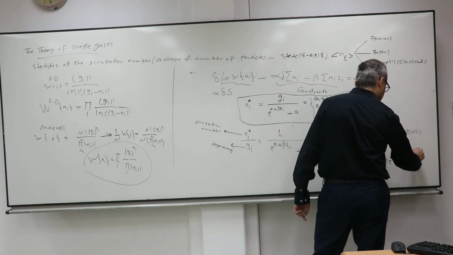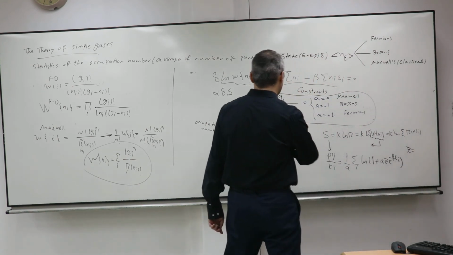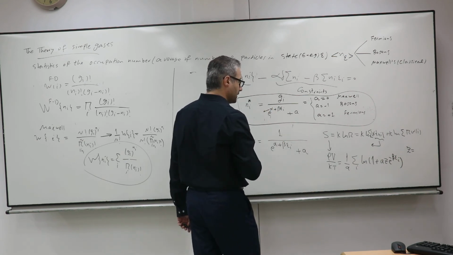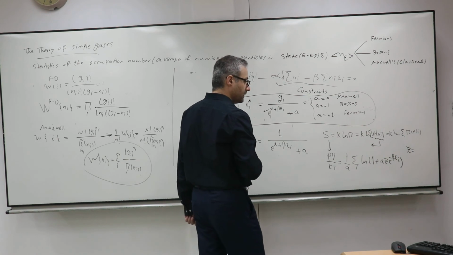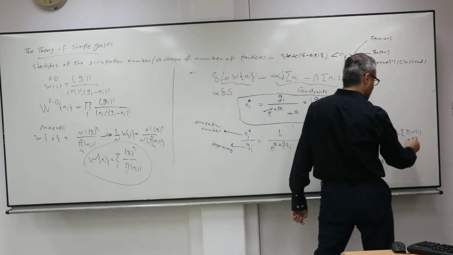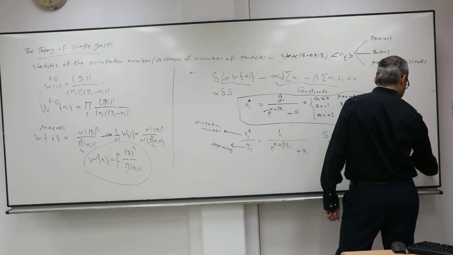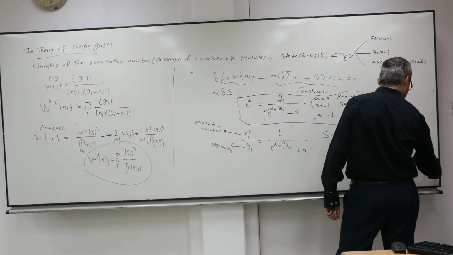Of course this alpha that appears here, e to the power alpha, you can set as a parameter, we call it z, the fugacity, so it's related to that. z is e to the minus alpha, and alpha was minus mu over kT.